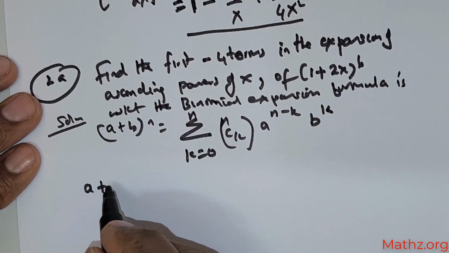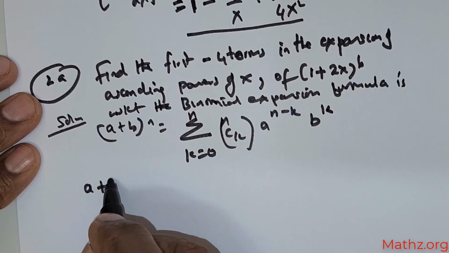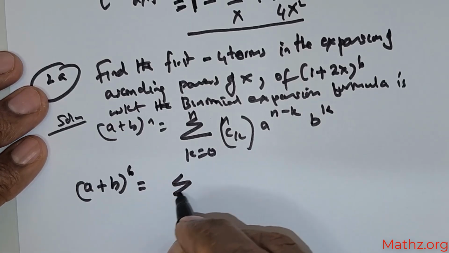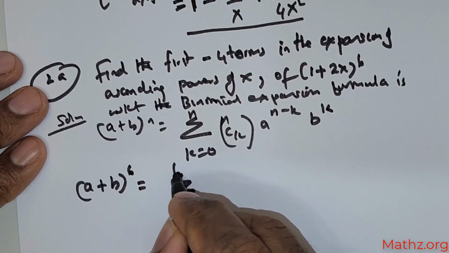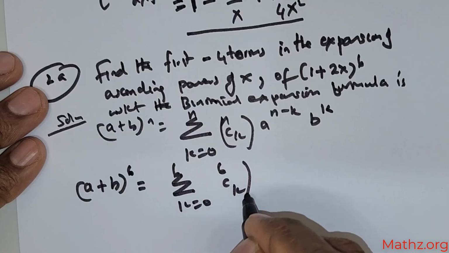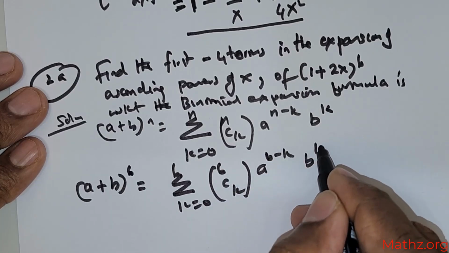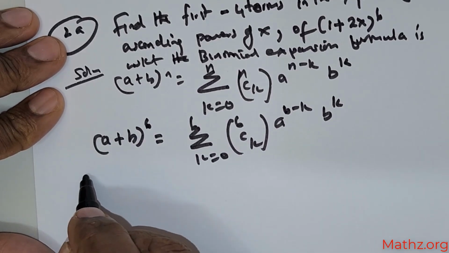So if we write (a + b)⁶, this is the sum from k = 0 to 6 of 6Ck a⁶⁻ᵏ bᵏ.